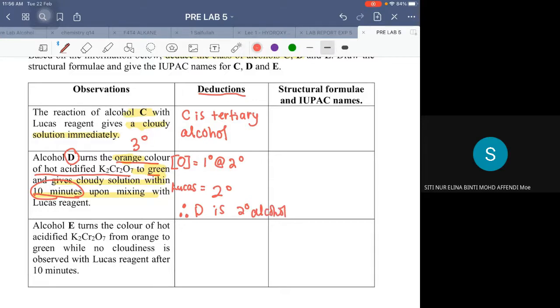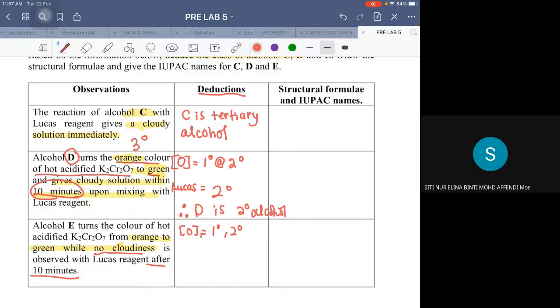Alcohol E pula, color of hot acidified dichromate from orange to green. Okay, but no cloudiness. Kalau oxidation menunjukkan dia primary, secondary alcohol. Sebab apa? Orange to green, positif kan? Tapi dengan Lucas, no cloudiness after 10 minutes. Dah tunggu 10 minit pun tak jadi cloudy.